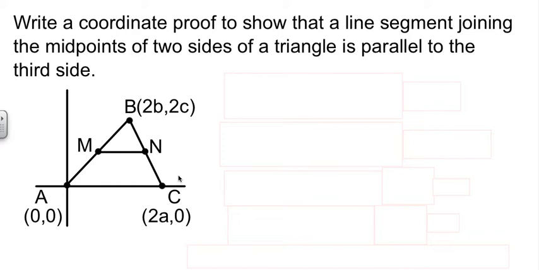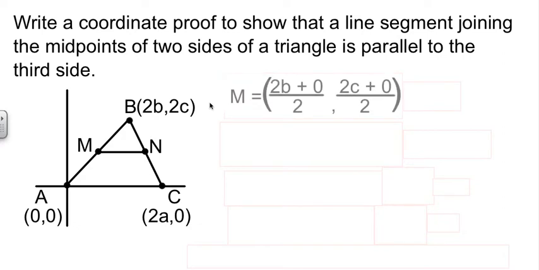Now our job here is to show these two lines are parallel. That means we need to show that they have the same slopes. Well, to find the slopes, we need to know the points for M and for N. And that's going to call for the midpoint formula.